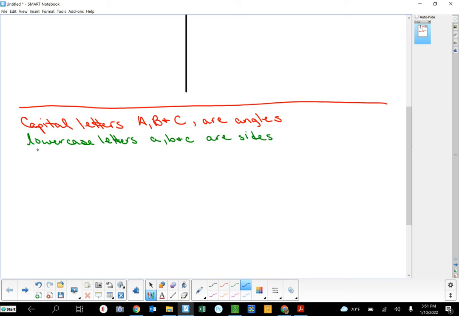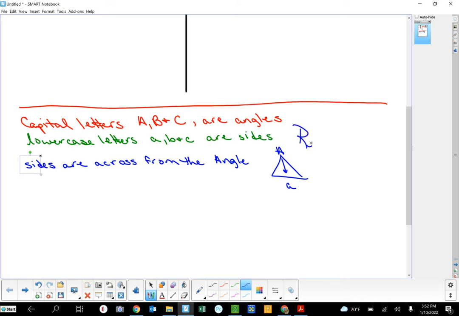And don't forget that the sides are across from the angle. So for example, if this was angle A, side a is across from it, right? This is all stuff that you know, but just in case you've forgotten over Christmas break, you're going to review.